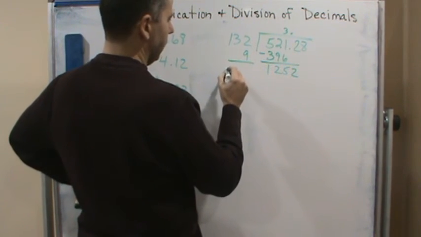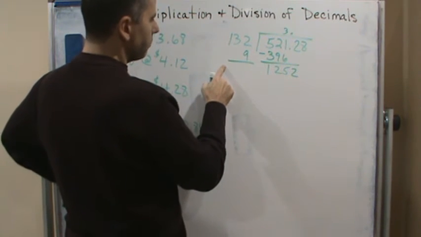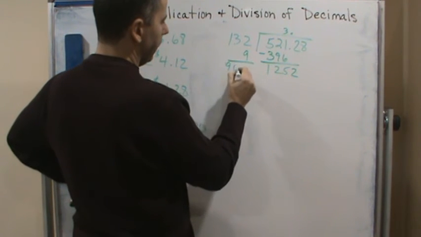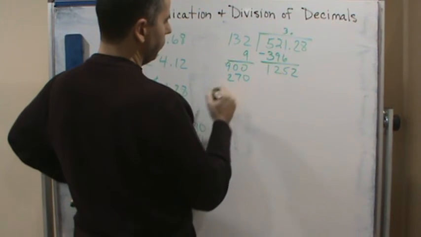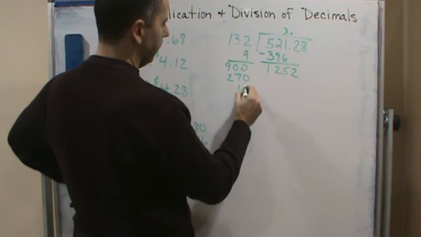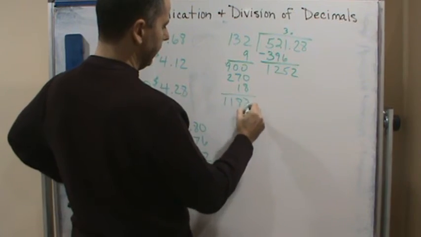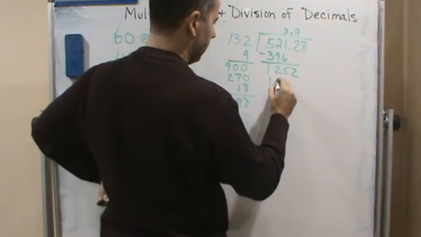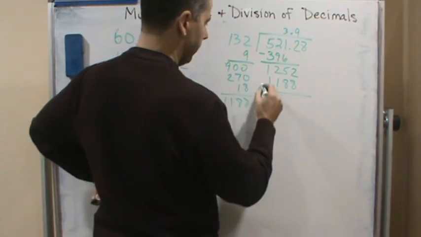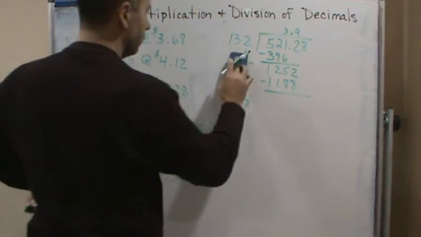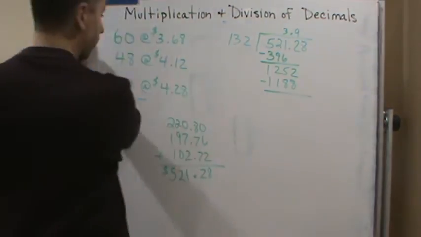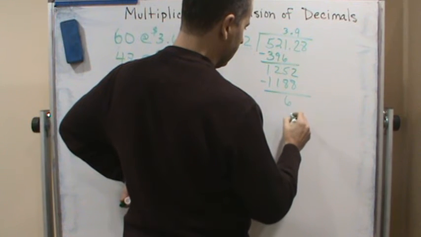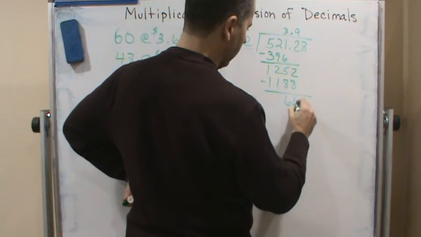So this is going to be 900, 270, and 18, which is going to be 1188. Okay, yep. So it's going to be 9. So I'm going to subtract, and that's going to give me 64.